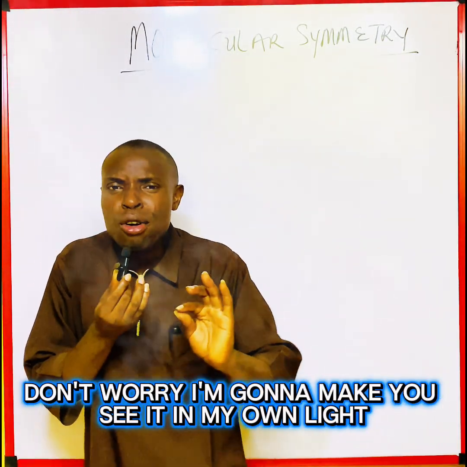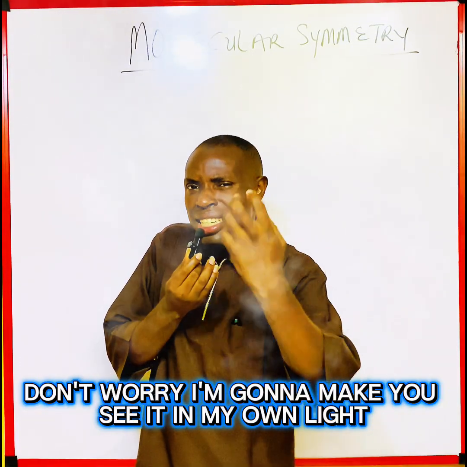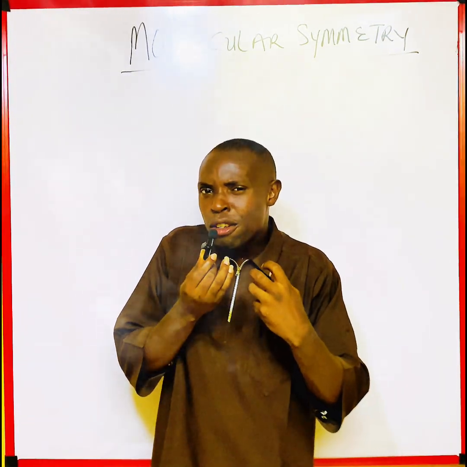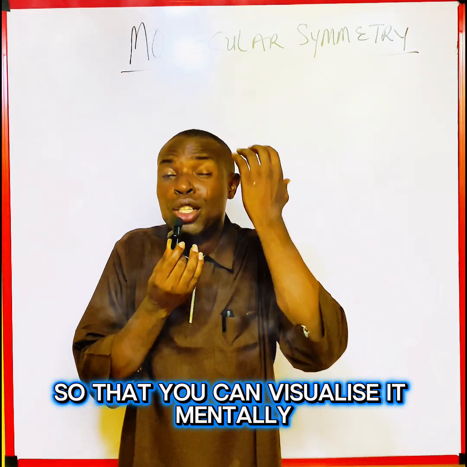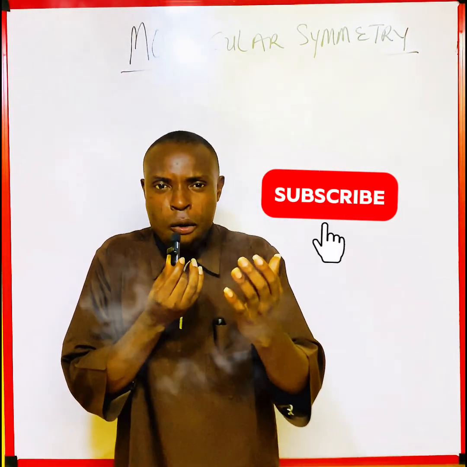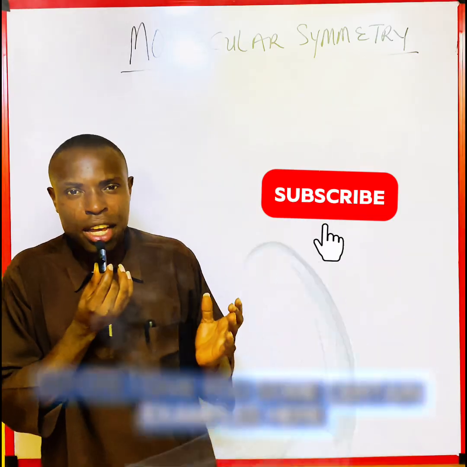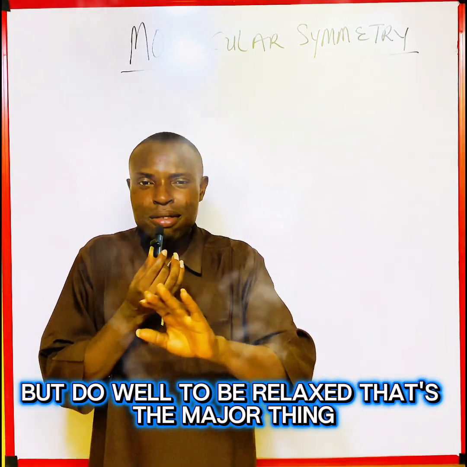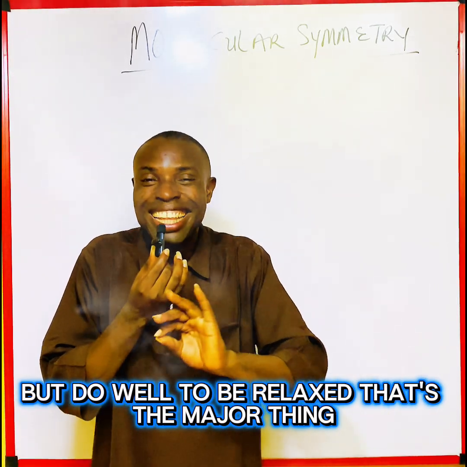Don't worry, I'm going to make you see it in my own light so that you can visualize it mentally before I give you some examples here. But do well to be relaxed.